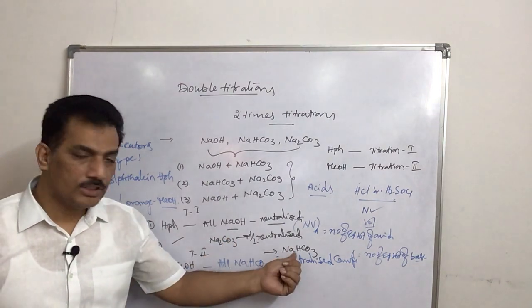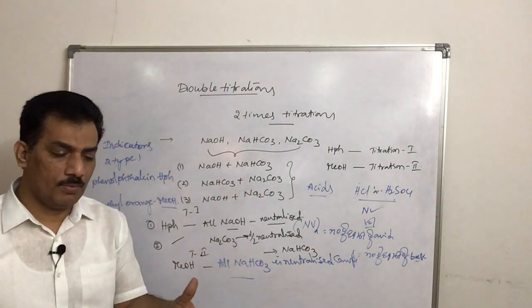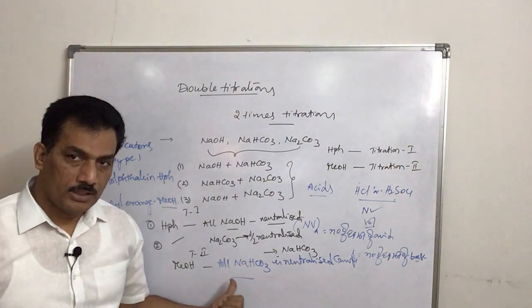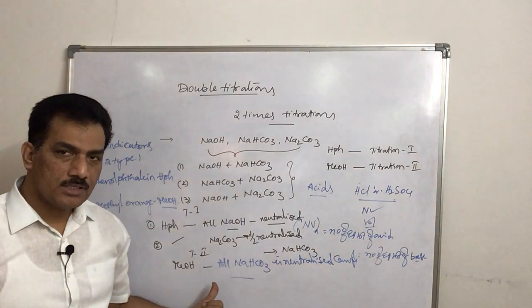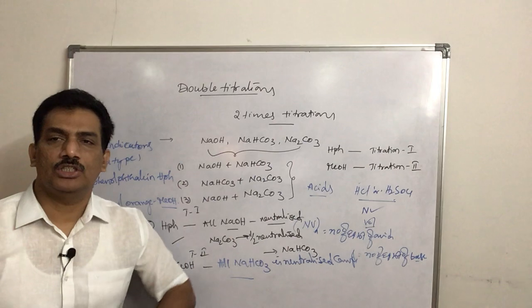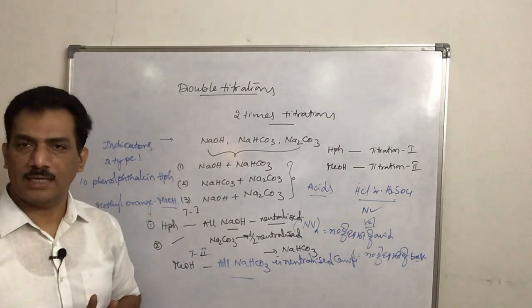So when it is converted to this, we can consider only half a part is neutralized. And then the methyl orange indicator. In presence of methyl orange indicator, all the sodium bicarbonate, that is NaHCO3, is completely neutralized with acid.